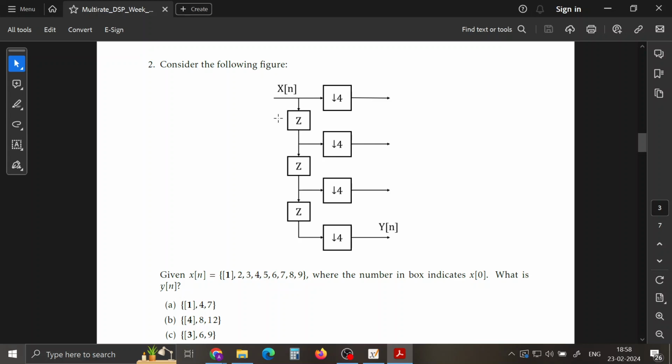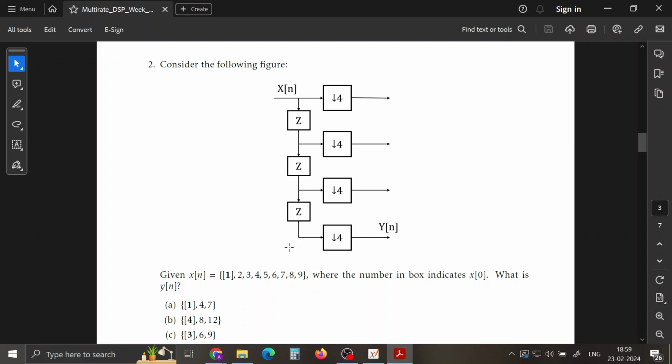So there are 3 such advance blocks, and there are 4 downsamplers, downsampling by a factor of 4. In the branch corresponding to the lowermost branch, we are getting y of n as the output. If our input is x of n, a sequence which is given, then we have to find what y of n is.